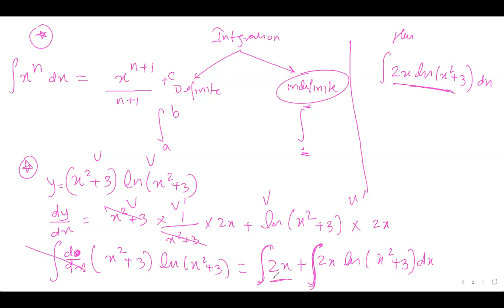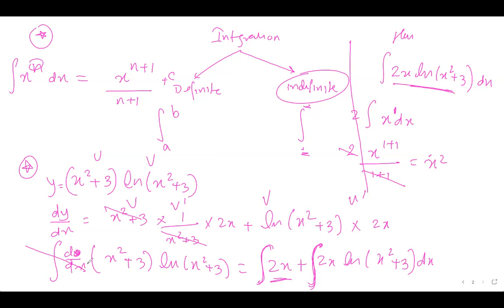If I'm integrating 2x, I can take 2 outside. It's the integration of x dx, so x is x to the power 1 here, so n is 1. It'll be 2 times x to the power 1 plus 1 upon 1 plus 1, which cancels again, so there's x squared.